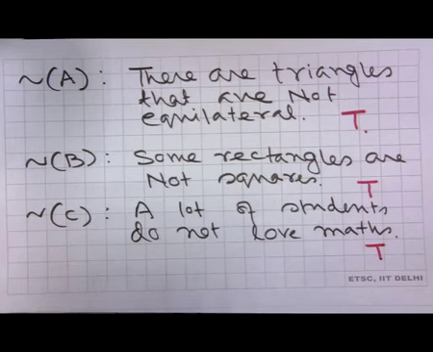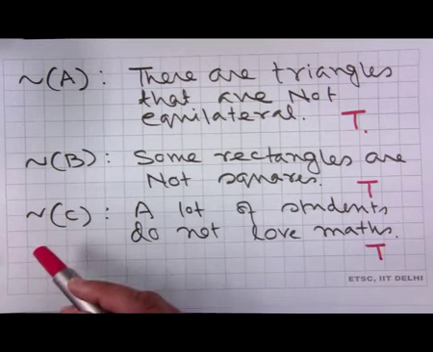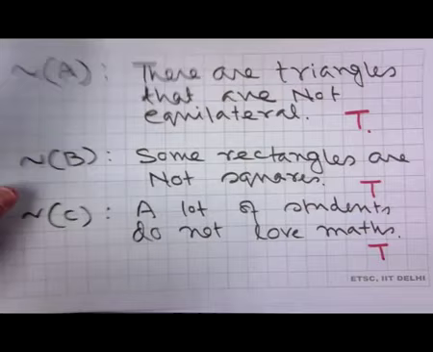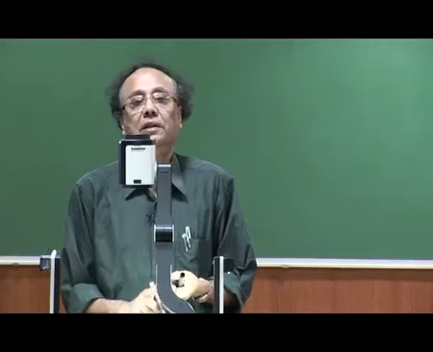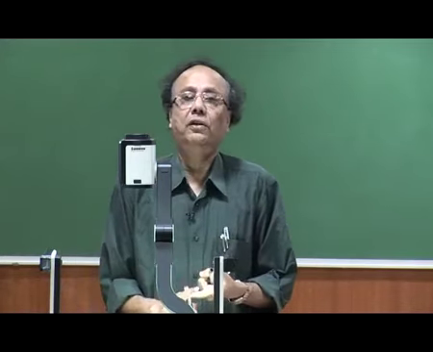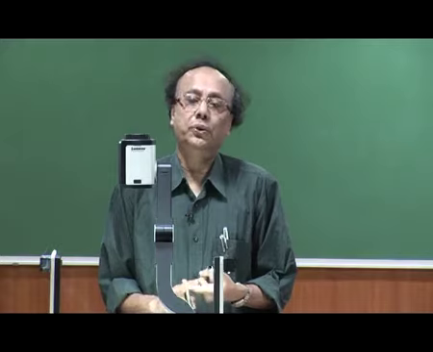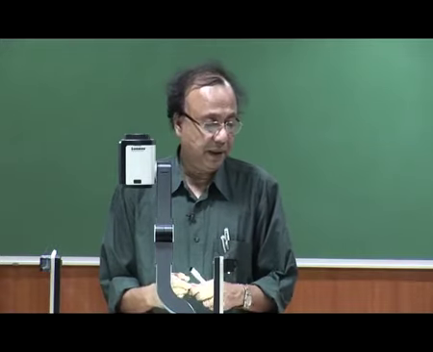So, we are getting statements which are true, and we are also finding that the negation of those statements are also true. That should not happen, because we know that the negation of a true statement is false, and the negation of a false statement is true. So, why is it happening?